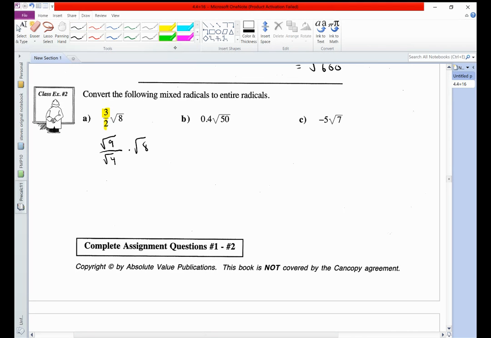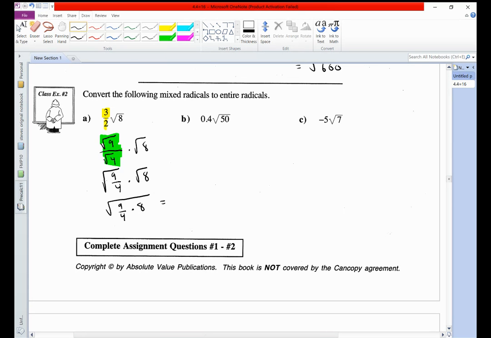And we know from lesson 2 or lesson 3 that the square root of 9 over the square root of 4 can be written as the square root of 9 over 4 multiplied by the square root of 8. And then we can combine both of those. So we get the square root of 9 over 4 multiplied by 8. And if you type that into your calculator, you can combine those two.